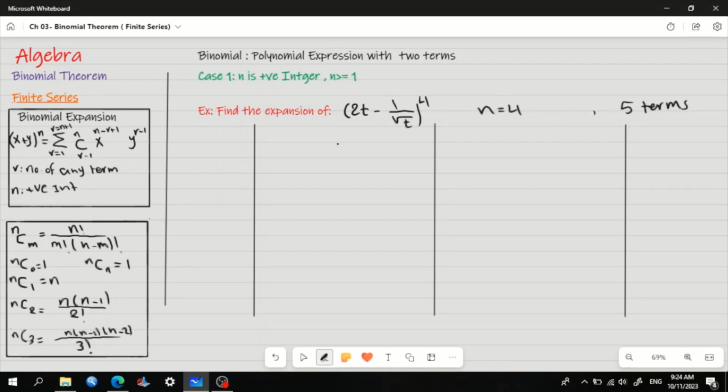Let me write this here. 2t minus 1 by square root of t power 4, and here first, second, third, fourth, fifth.